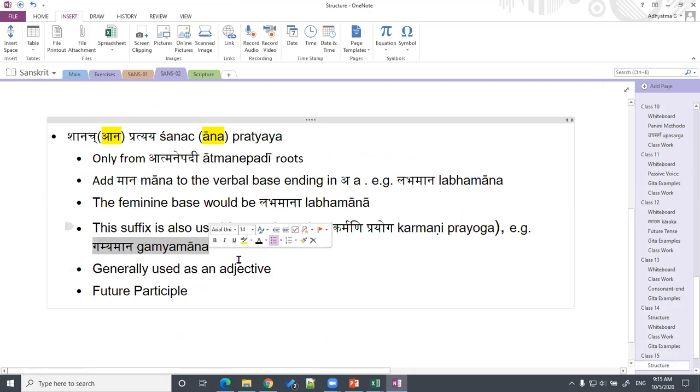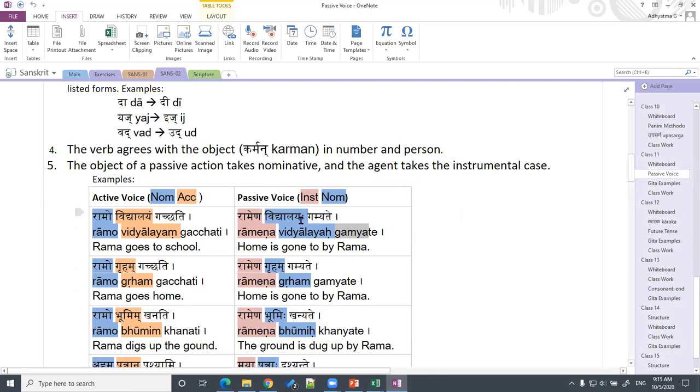Gamyamana means what? So if you go again back to the passive voice, you see Gamyate, here it is related to Vidyalayaha, not to Rama. Because Karmani Prayoga, the object or the karma becomes the direct connection to the verb.